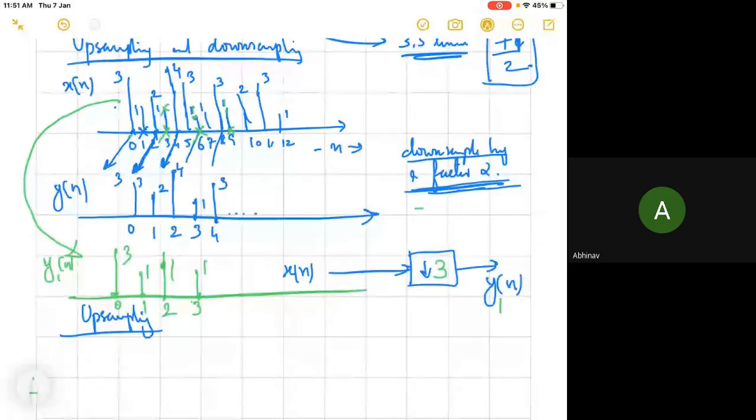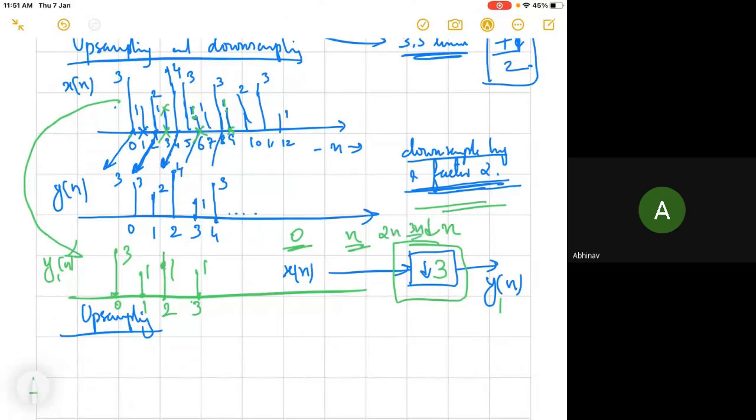If it is by a factor of N in general, you take the first value, 0th value, then you take the Nth value, then the 2Nth value, 3Nth value, etc. Then you put those values at 0, 1, 2, 3, etc. Then that forms the N downsampled signal.